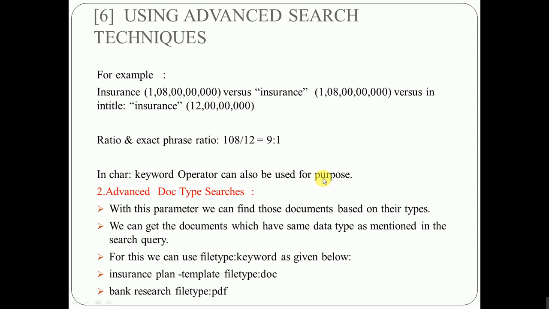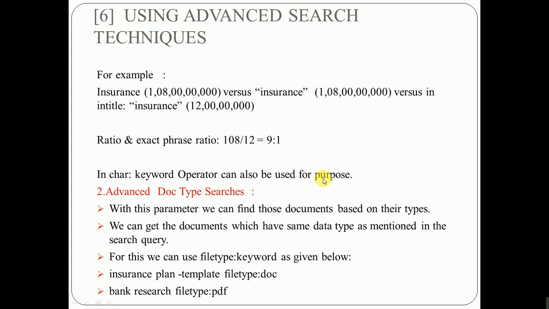Advanced doc search: with this parameter we can find documents based on their types. If the type is clear, then you can search for a particular type of documents available on Google. We can find documents which have the same data type as mentioned in the search query.